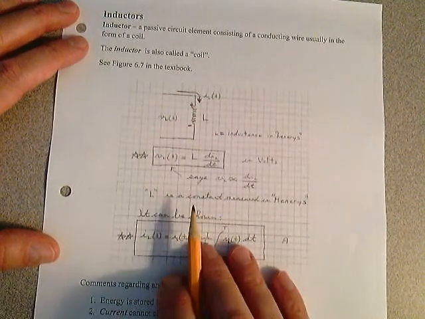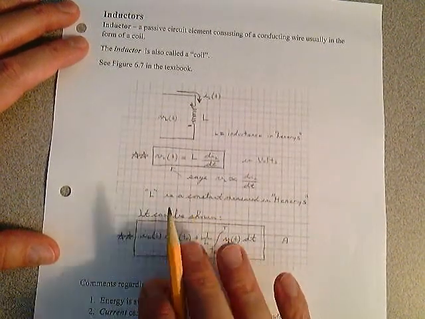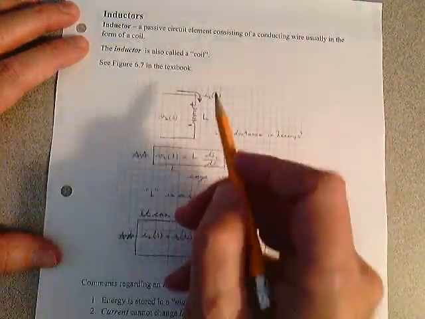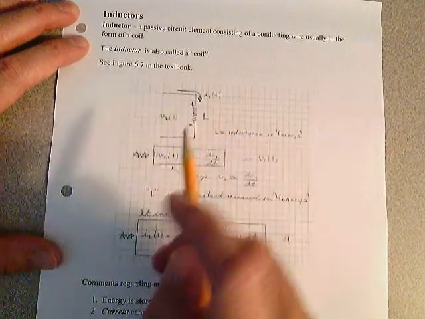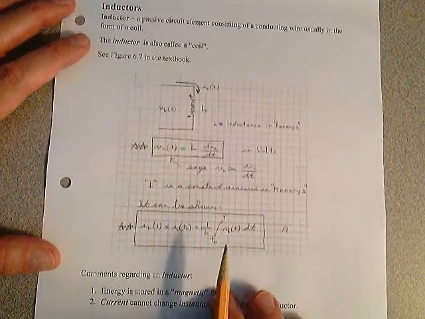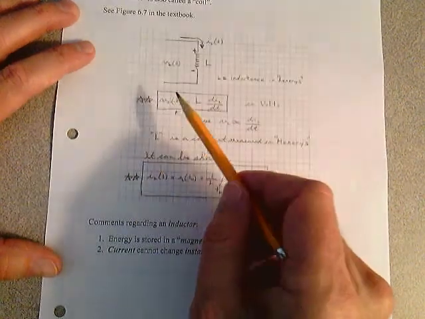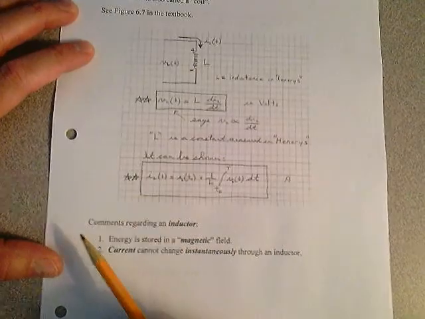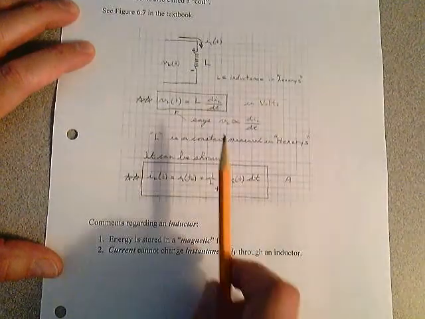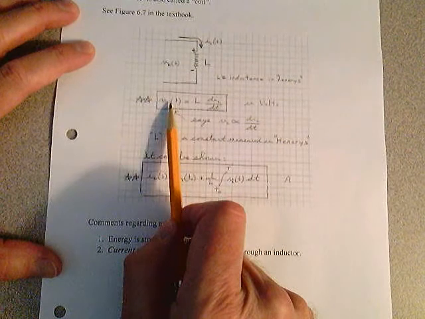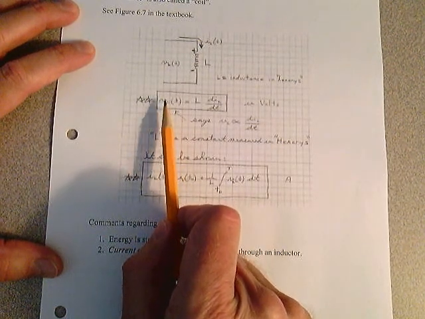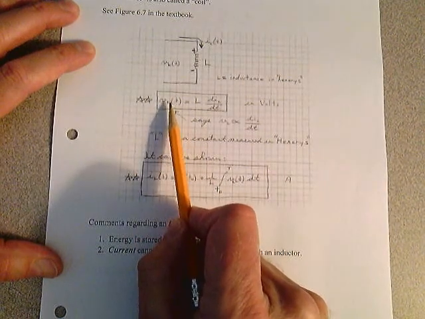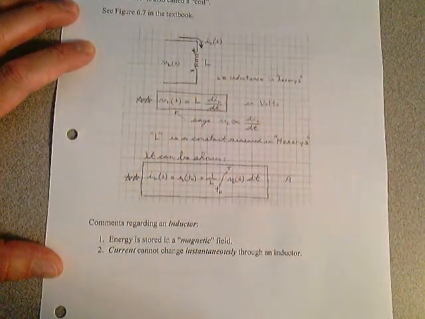We have three passive elements now that we're going to be working with: the resistor, the capacitor, and the inductor. They're all passive, and you always have to put this sign convention in as current flows through it, just like we did in the first couple chapters. The voltage across the inductor with respect to time is equal to L di dt. Notice the difference: the current to a capacitor is C dV dt, and the voltage across an inductor is L di dt.